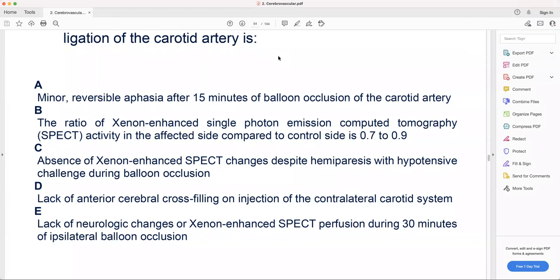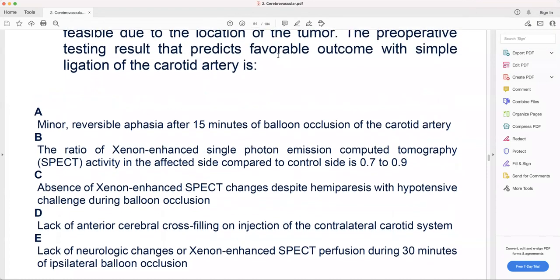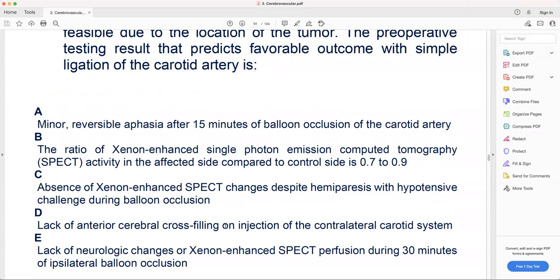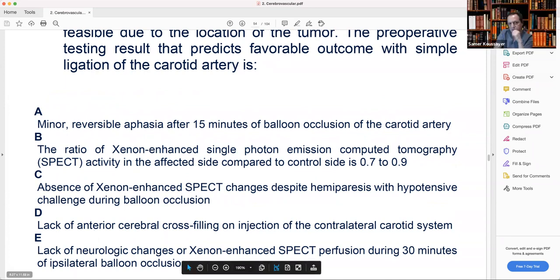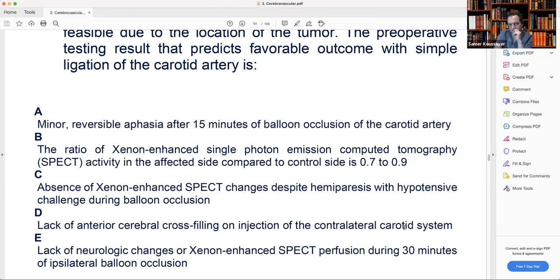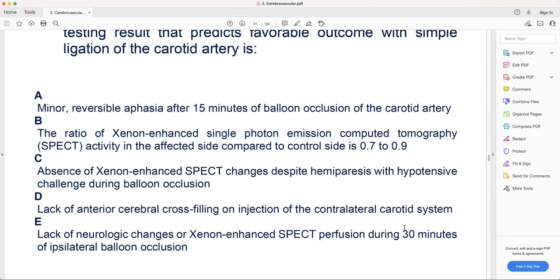This is a good sign, meaning you get flow from the other side. So if you don't see the cross-filling, this is a bad sign. Lack of the anterior cerebral cross-filling on the injection of the contralateral side means you inject and you don't see cross-filling. So it's not favorable. It has to be the last one.